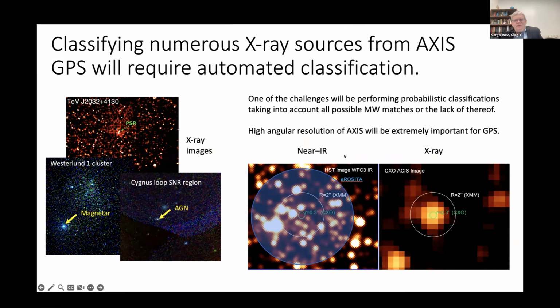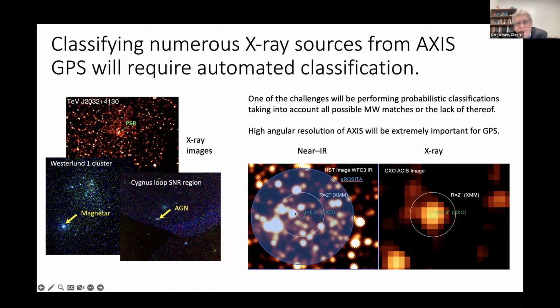It's a kind of double-edged sword. So first of all, of course, multi-wavelength information is needed to do effective classifications of faint X-ray sources that have only, say, 100 X-ray photons or 20 or something. And those will be really most of the sources in the GPS, as Arash showed by the luminosity function. So multi-wavelength information is needed. But if you go and obtain a deep near-infrared image, you get too many possible counterparts.